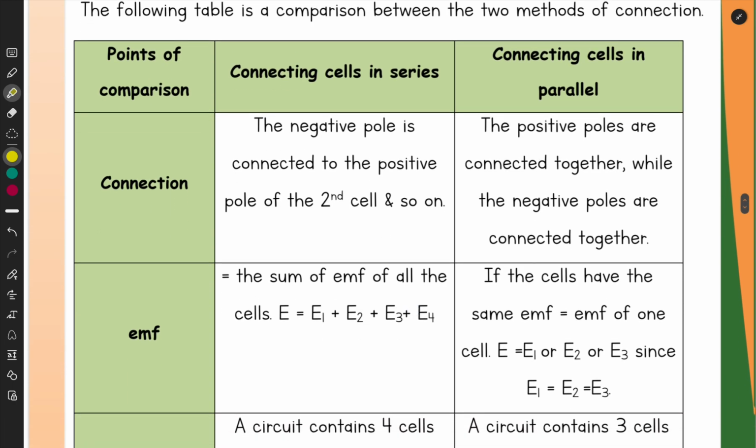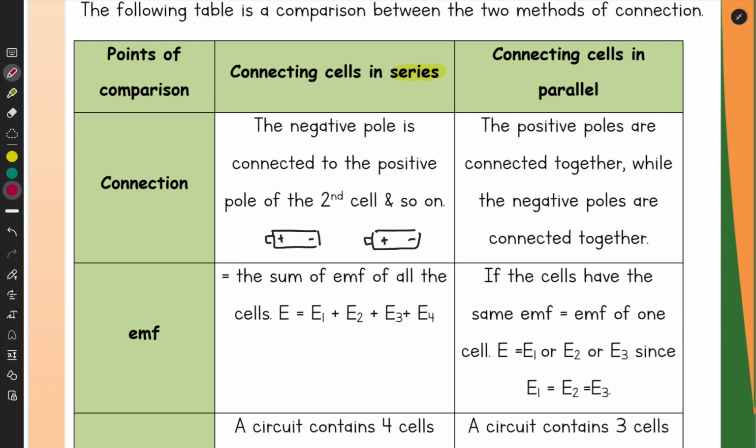Okay, let's begin with the series connection. In the series connection, the negative pole of one cell is connected to the positive pole of the second cell, and so on. So if we have a cell right here and another cell right here, this is positive and this is positive, this is negative and this is negative.